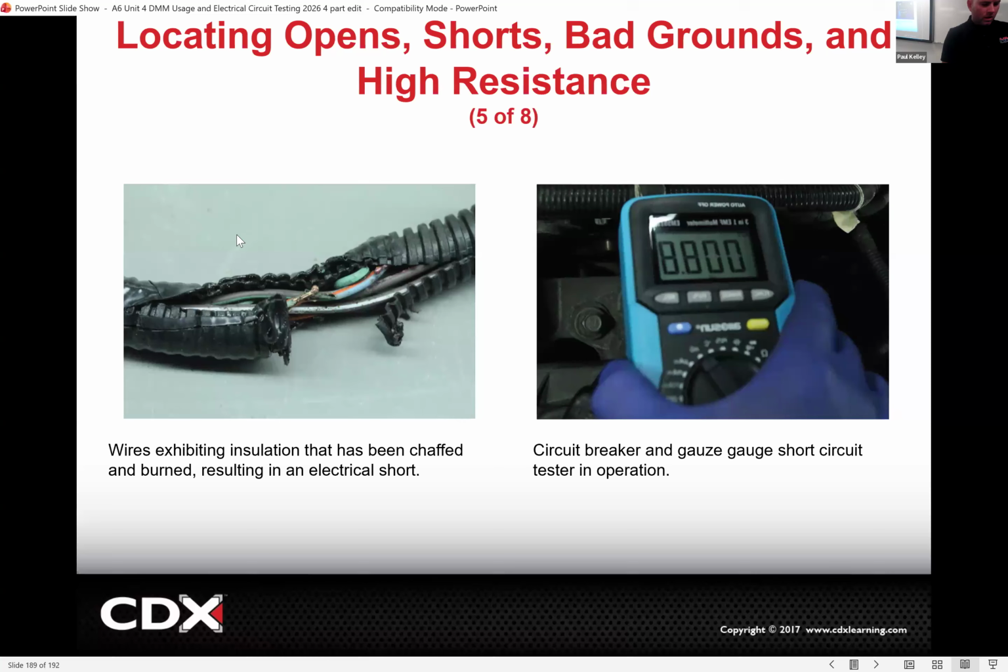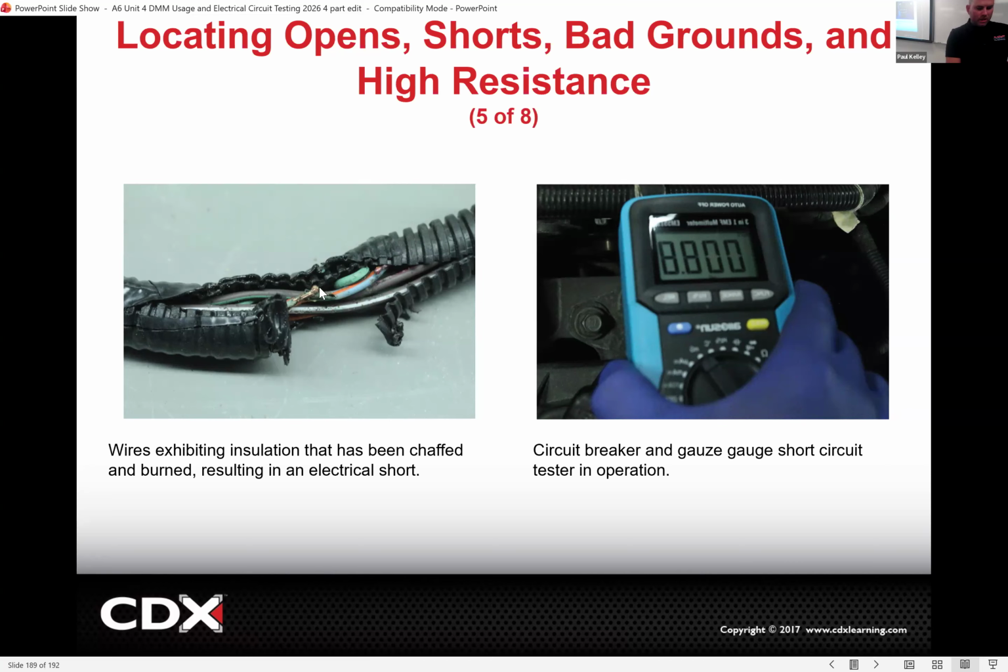Cool. And then here's an example of a real world find, right? So if you test with your meter and find excessive resistance, indicated by excessive voltage drop, or you actually test it with ohms, then you're looking for something like this. This looks like high resistance. It looks to me like this was laying on an exhaust and it got burned.